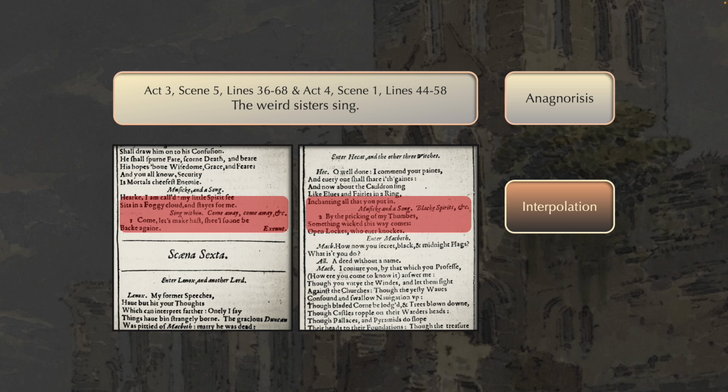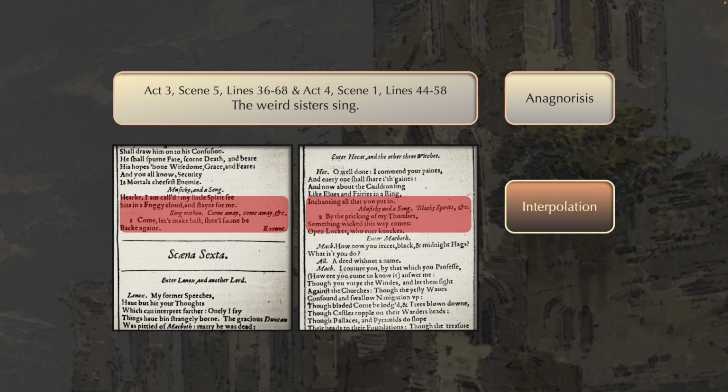I think it was in the 1670s sometime. And the point is that the lyrics were not printed in any version of the play in Shakespeare's lifetime.